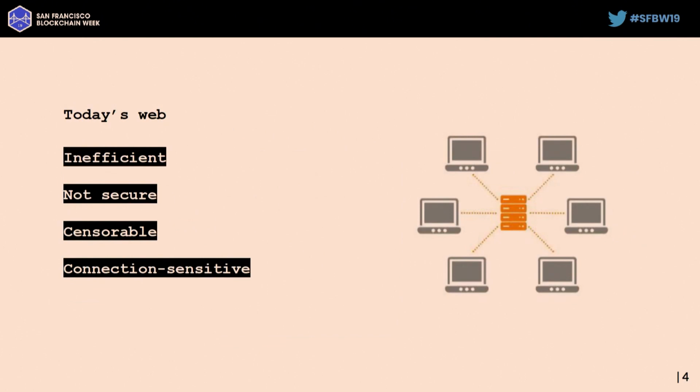So, speaking about today's web, there are a lot of concerns about how the web works today, but the general thing is it's based on a server-centric model, a client-server application architecture, where you always have a central server which manages all the clients, stores all the users' data, performs most of the business logic, and so on.